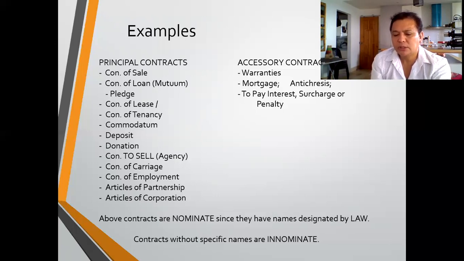Accessory contracts cannot stand by itself. It requires a principal. These are warranties, mortgage, antichresis, contract to pay interest, surcharge, or penalty. These contracts have names designated by law, so they are nominate. There are contracts without names, and they are called innominate contracts.